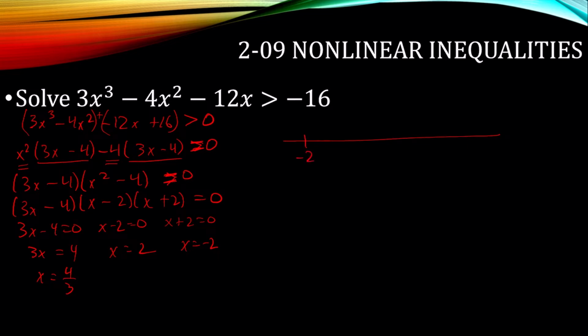Here's negative 2, 0, positive 2. 4/3 is 1 1/3, so that's right there. Now, again, this is not equal to, so they are all open circles.